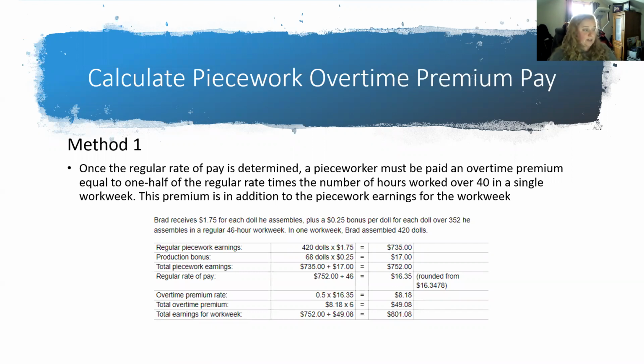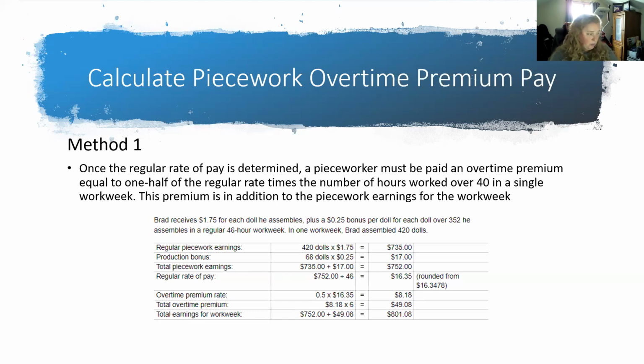So if we add his $735 plus the bonus of $17 gives us $752. His regular rate of pay then is $752 divided by 46, which is $16.35.